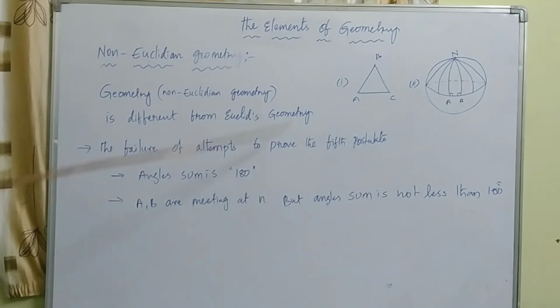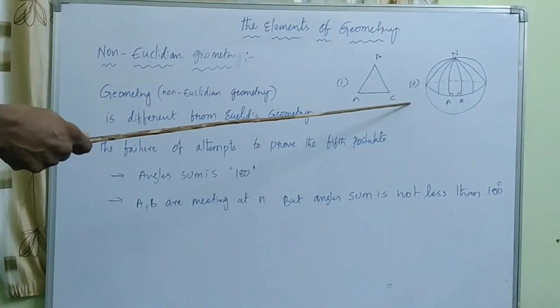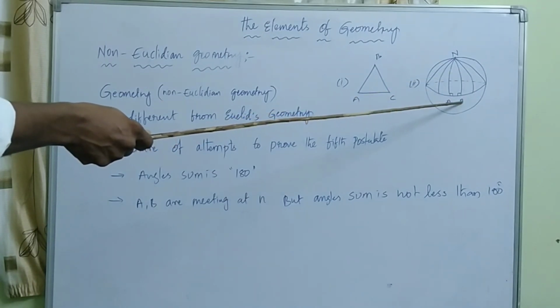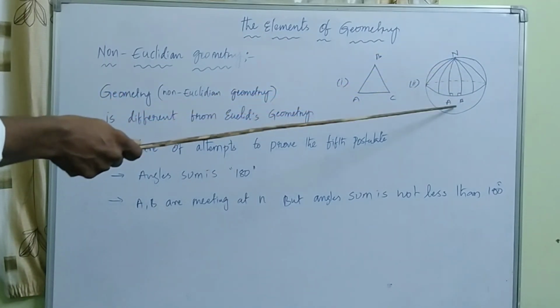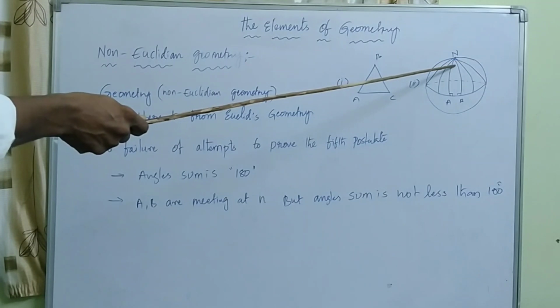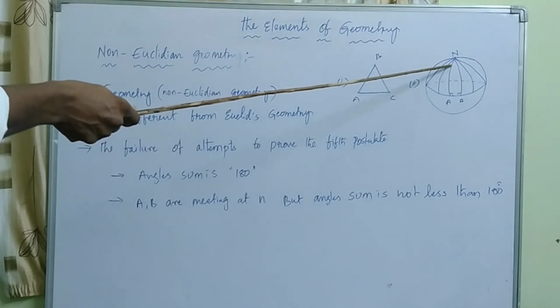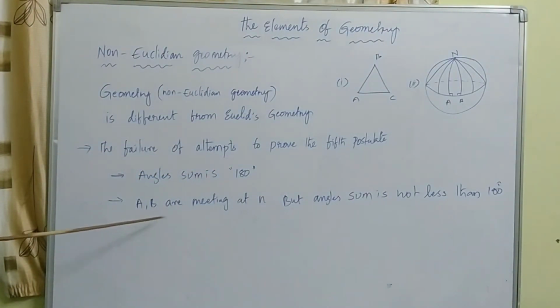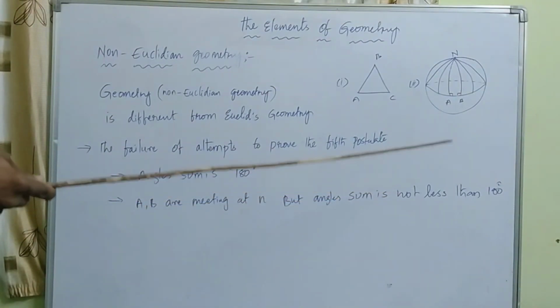It is applicable. But in the spherical figure, here A is equal to 90, B is also 90. Here angle summation is 180 degrees. But what about this angle at N? In this situation, fifth postulate is false. And another one. A and B are meeting at N, but angle sum is not less than 180.